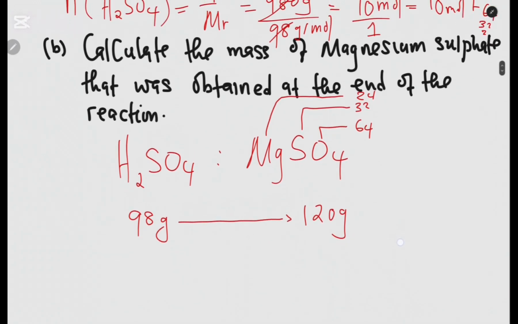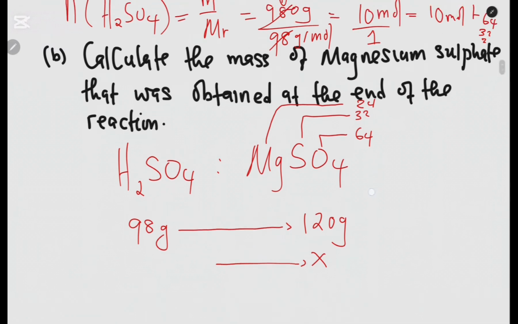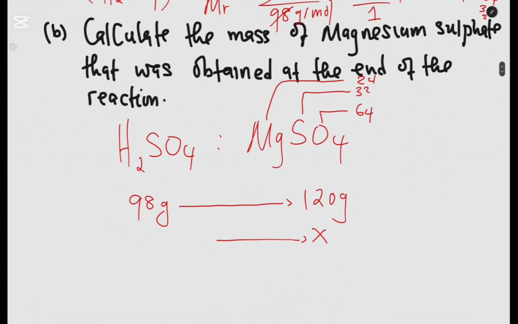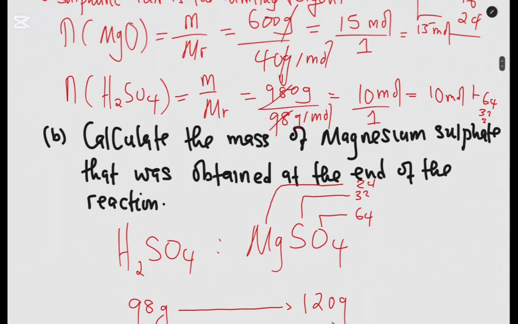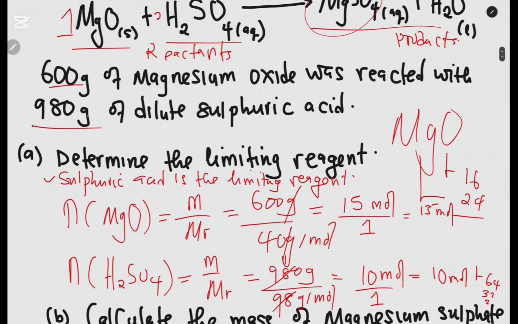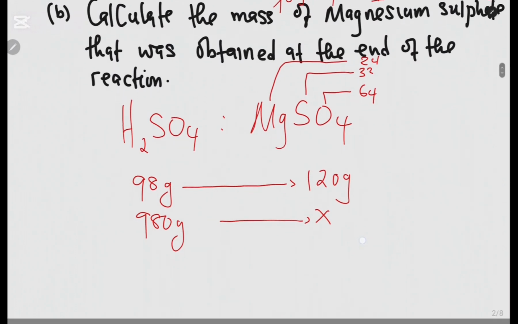Then let us look at it now. What are we finding? Calculate the mass of magnesium sulfate. So here we are going to put X. We do not know the mass of magnesium sulfate. Now look at this. 98 gram of sulfuric acid reacts with magnesium oxide to produce 120 gram of magnesium sulfate. What about now, when the given mass of sulfuric acid is 980 gram? What would be the mass of magnesium sulfate?